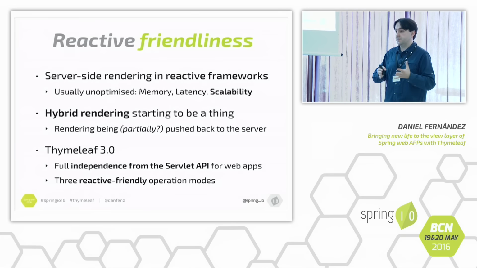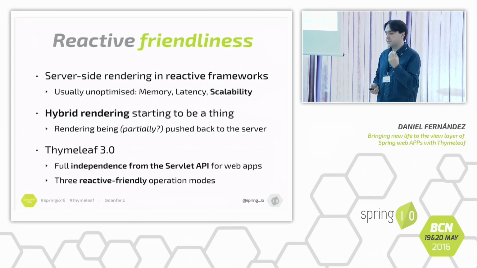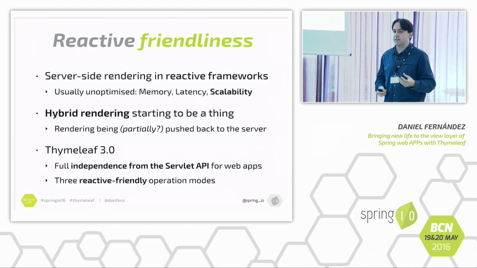they are just focusing on client-side rendering. But the problem this way of using template engines in reactive frameworks has is that it is highly unoptimized, in the sense that you normally have a context that has to be completely resolved before executing the template engine.